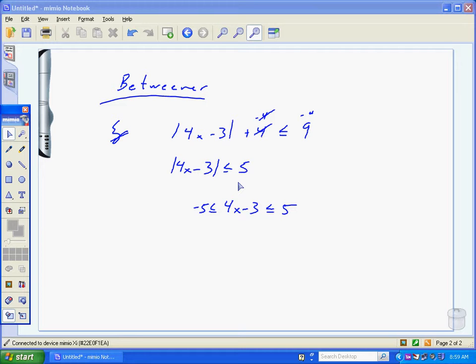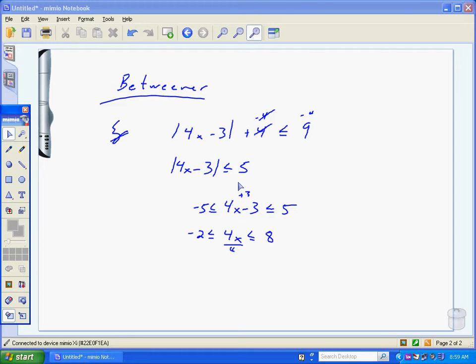So I'm going to add the 3 to both sides. I get a negative 2 over here, and 4x less than or equal to 8. Then I divide by 4 on both sides. If I had a negative 4 and I was dividing, what would happen to our inequality signs? They'd flip.